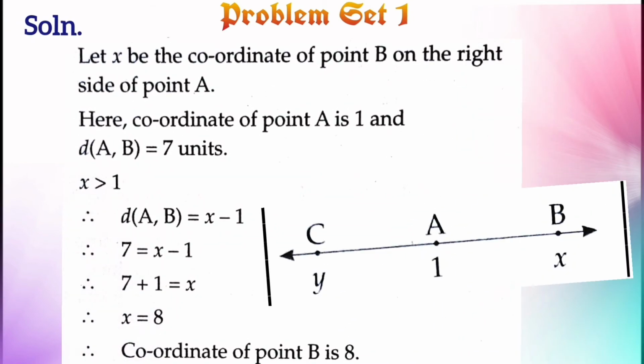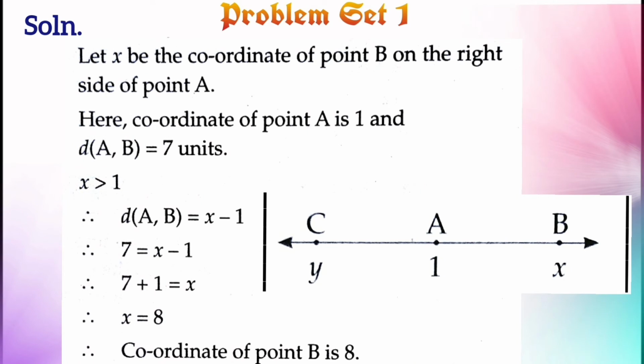Let X be the coordinate of point B on the right side of point A. So the point present on the right side has coordinate X. Here the coordinate of point A is 1 and the distance between A and B is equal to 7 units. It is given that the distance between the unknown number and A is 7 units.